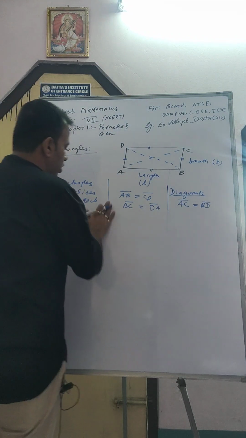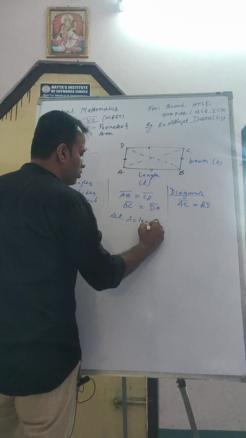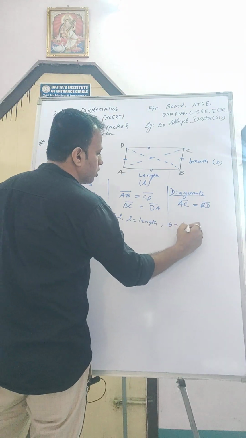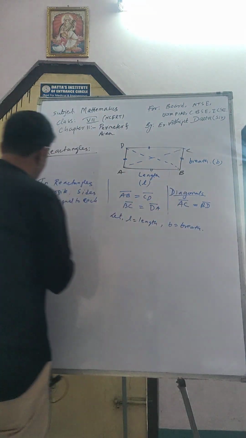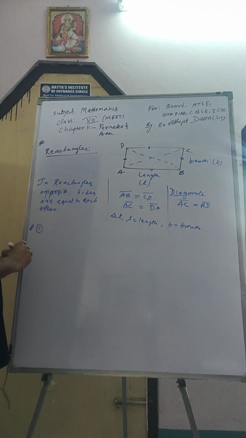Now let L equal to length and B equal to breadth. So how can I find the perimeter of a rectangle?